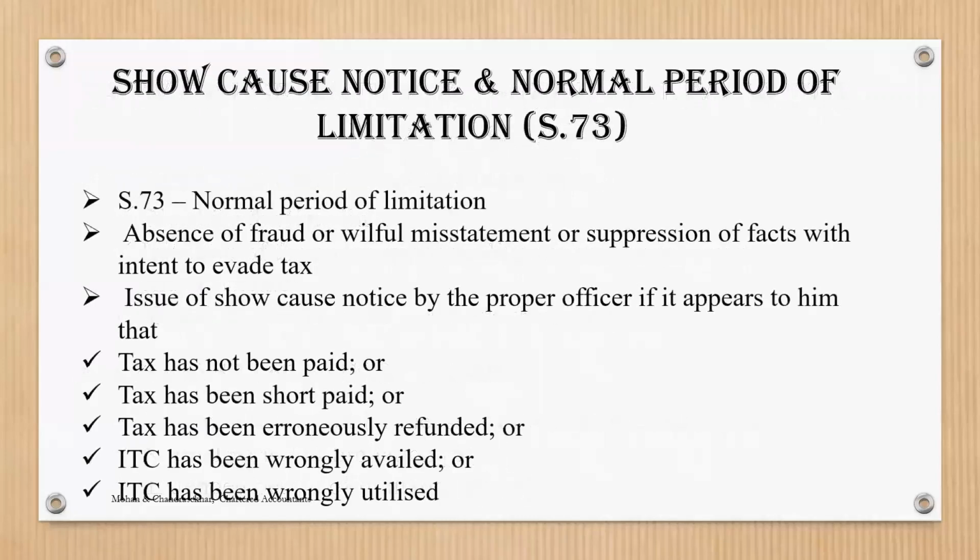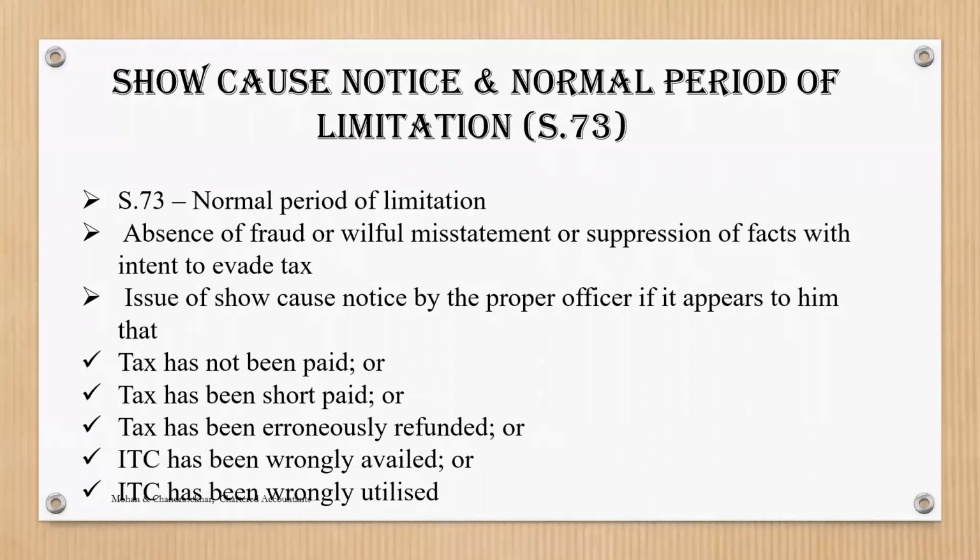73 is the normal period of limitation. It is basically for non-fraud cases, where there is no willful misstatement, no suppression of facts, and no intent to evade tax. In these situations only a Section 73 notice can be issued. It can be issued by the proper officer if it appears to him that tax has not been paid or has been short paid.